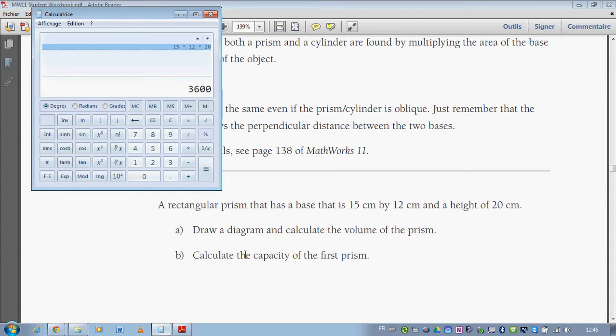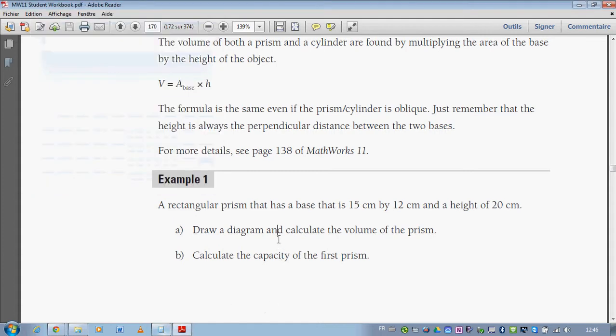Now it's asking you to calculate the capacity of the first prism. To do that, one thing you need to know is that 1,000 centimeters cubed as a volume is equal to 1 liter in capacity. So that means that 1 liter of a fluid or a liquid will occupy 1,000 centimeters cubed.